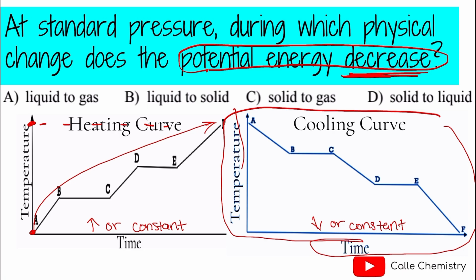So let's see our options. It says liquid to gas phase. Liquid to gas phase, that would be boiling, and that would be here, which is not good because we're talking about a cooling curve, not a heating curve. So this one is out. Liquid to solid. Liquid to solid, that is, in other words, freezing. And that is happening here. Liquid to solid, freeze.